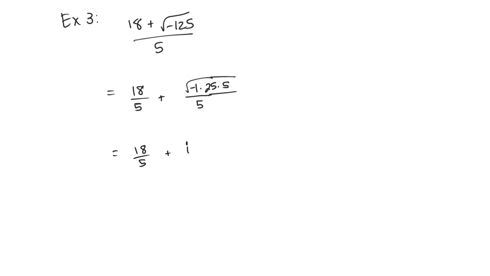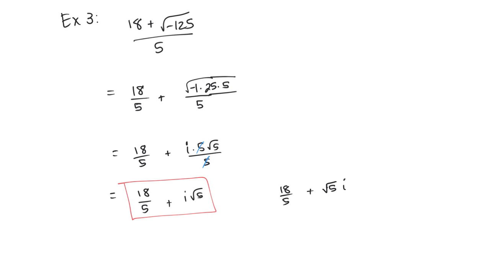Square root of 25 is 5. Square root of 5 doesn't simplify any further. And then anything divided by itself is 1, so my 5's can cancel, and I'm left with 18/5 plus i root 5. And again, you could have written that as square root of 5 times i. Both of those are great. And we're done.